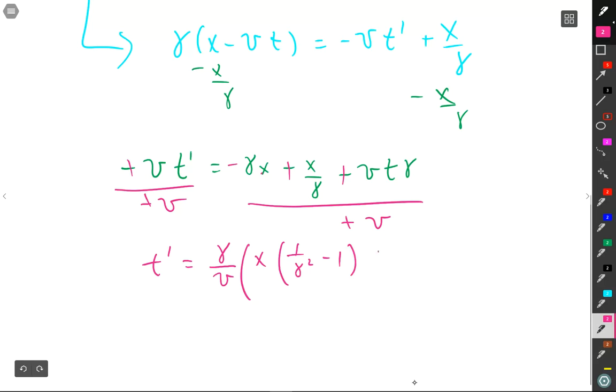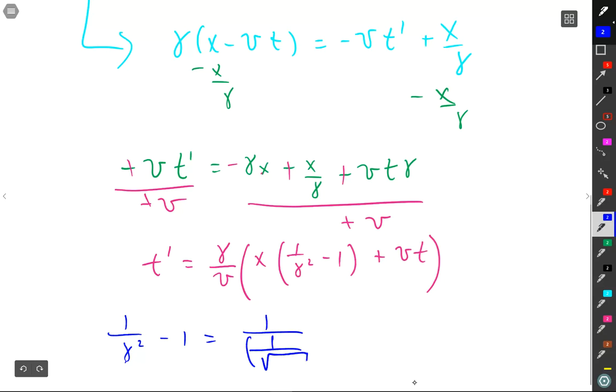And then we have plus vt. Notice I factored out the v, so that's why it still has a vt there. Let's do some quick math. So there I substituted for gamma.